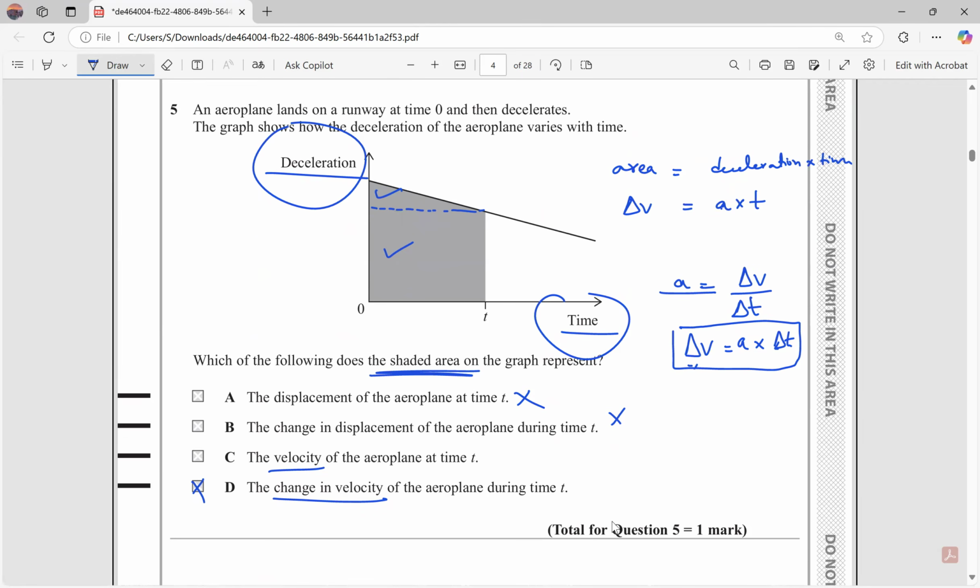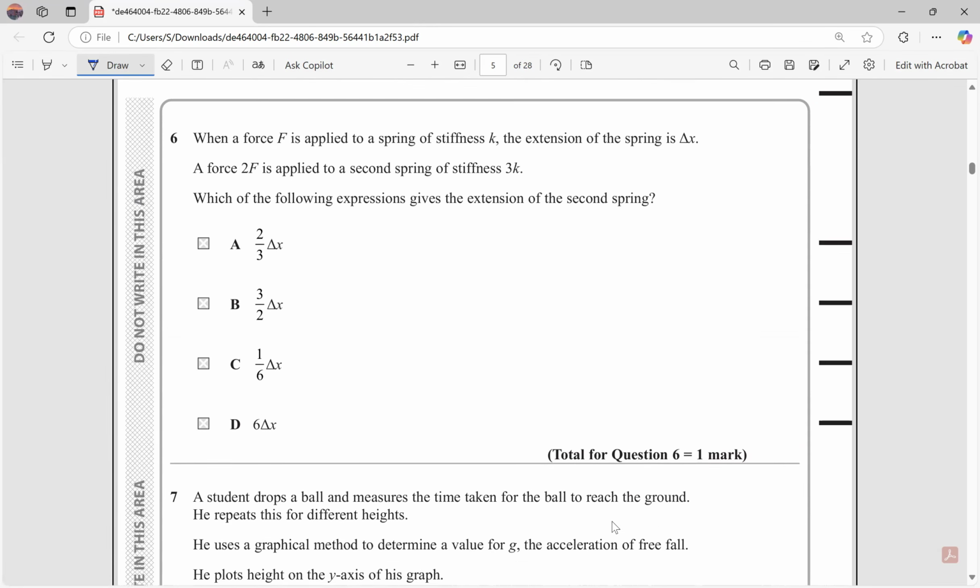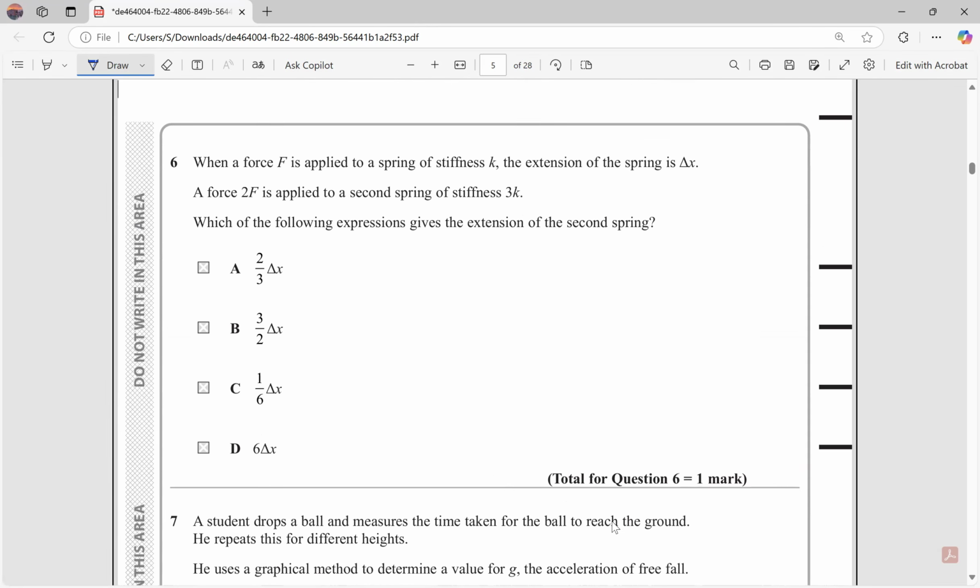I hope that's clear. Question 6. When a force is applied to a spring of stiffness K, the extension of the spring is delta X. So, okay, we know the formula, Hooke's law. Force is equal to spring constant times extension.